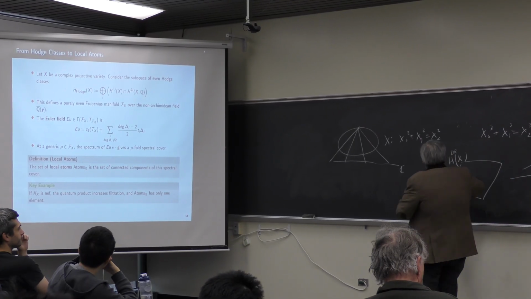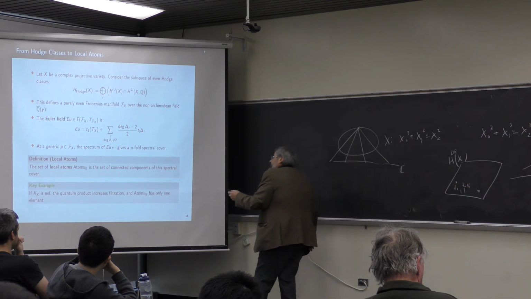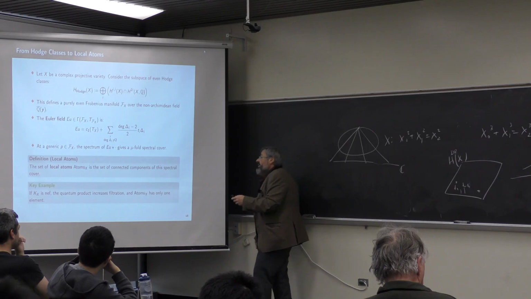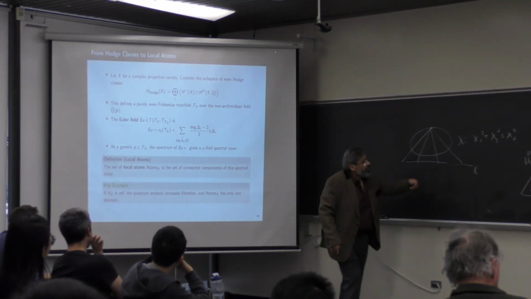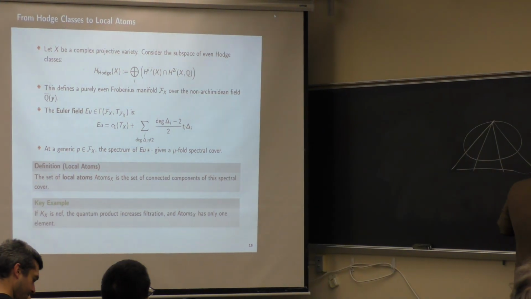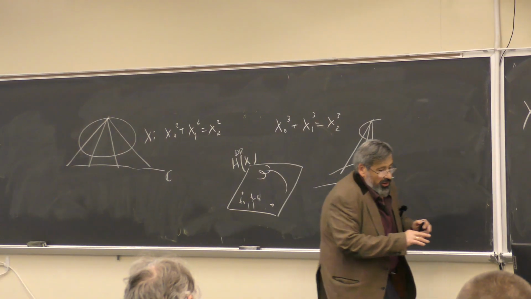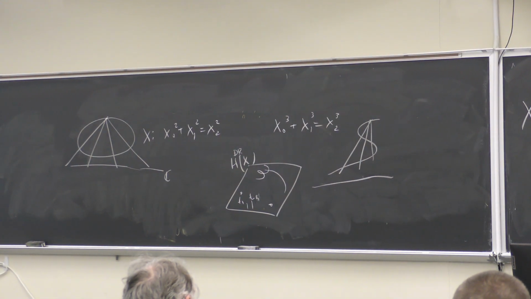And then the splitting of the homology is something that we are going to call local atoms. If we take away the ramification divisor, what you are left with is a splitting of the homology on local pieces outside this ramification divisor.